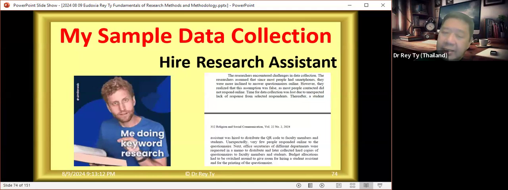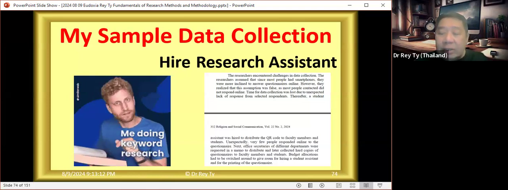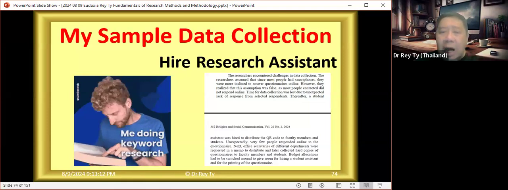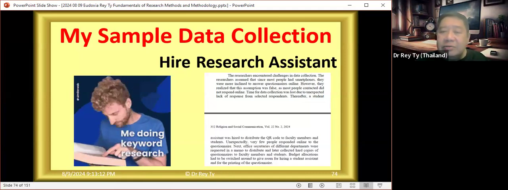So we recorded that we were misguided by our wrong assumption, and we were late already in data collection. So we juggled our budget and we hired a student assistant to help collect data with a QR code to tell the students to fill out the form.